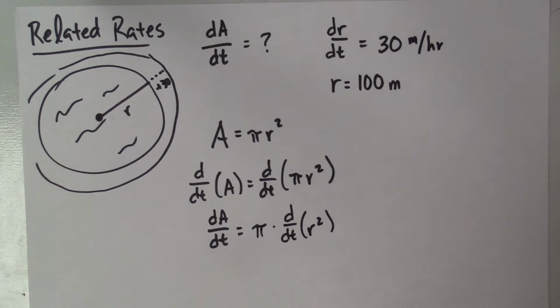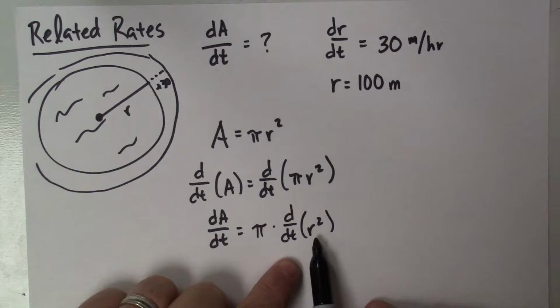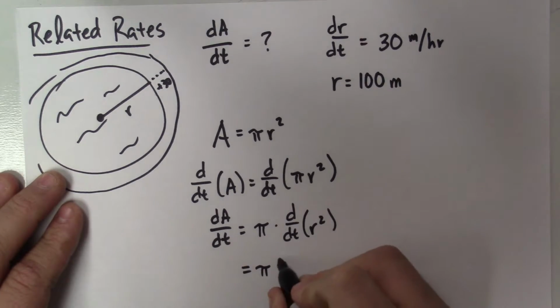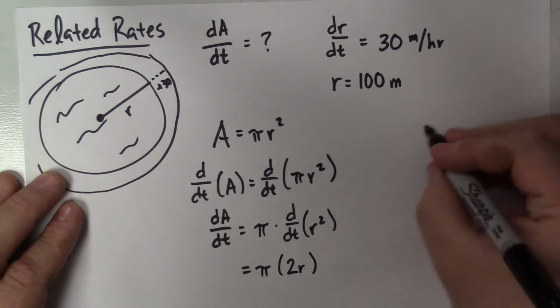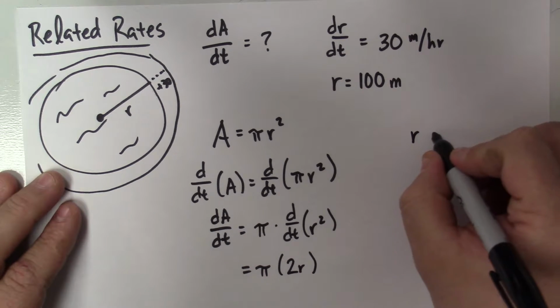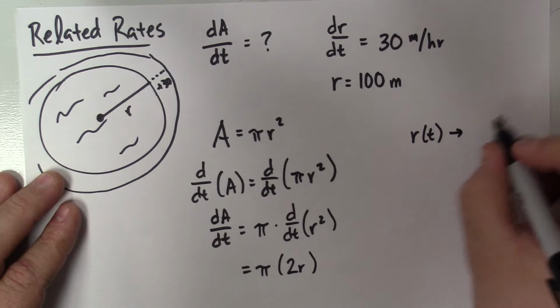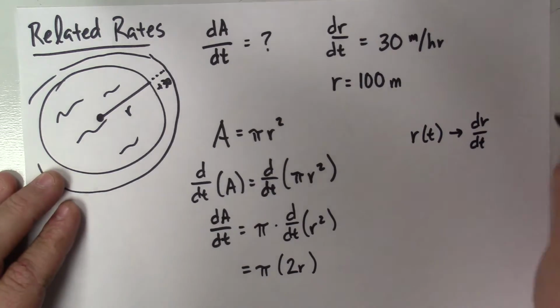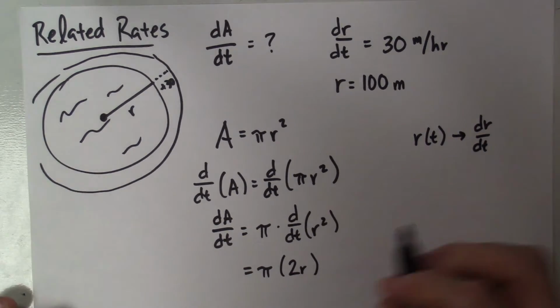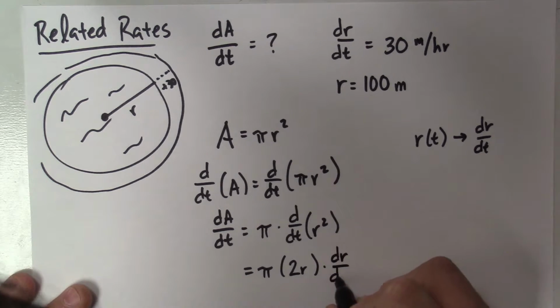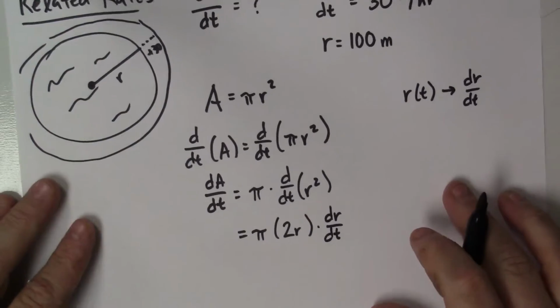Now, chain rule this: I take the derivative with respect to r, so that's pi times 2r, because r is a function of t, and that means the derivative of r with respect to t is times dr/dt.